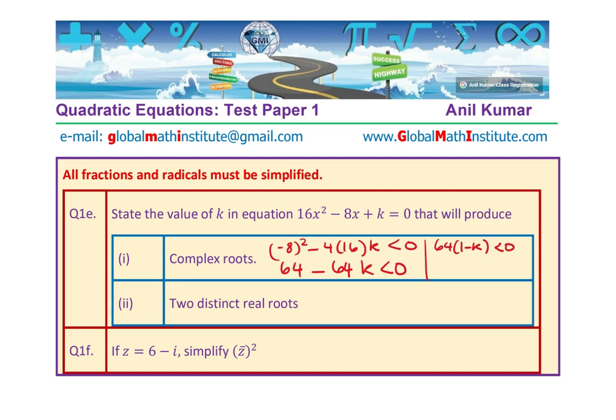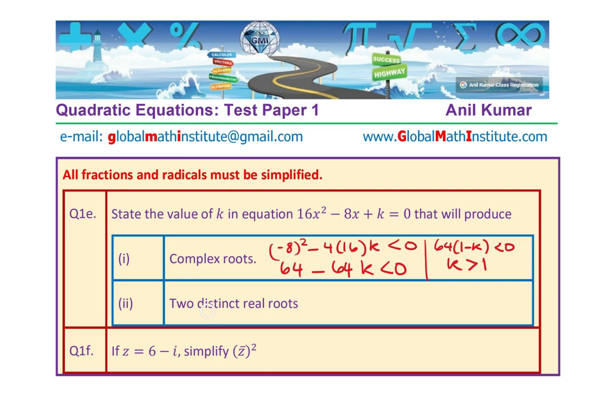It says, state the value of k in this equation that will produce complex roots. Since we want to make this less than 0, k has to be more than 1. Okay? So the value of k has to be greater than 1. Right? That is what it is.